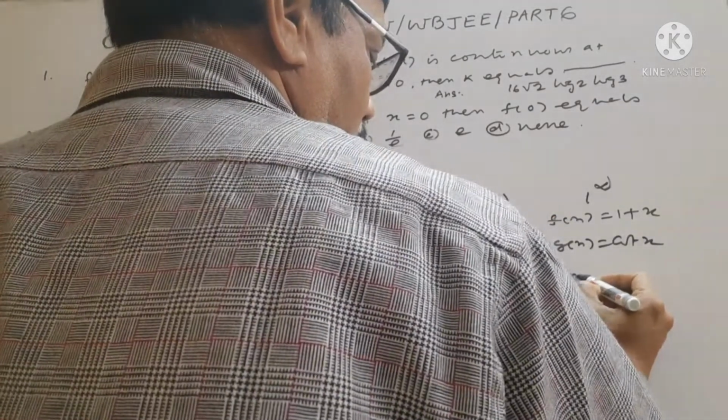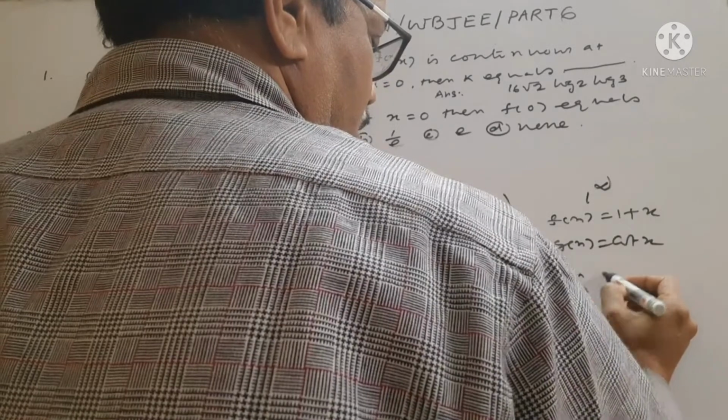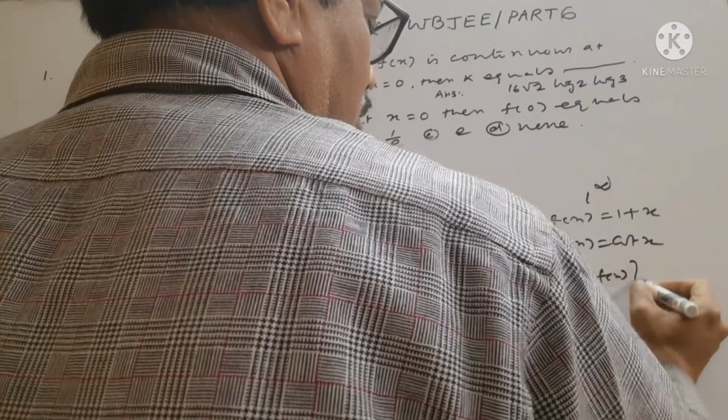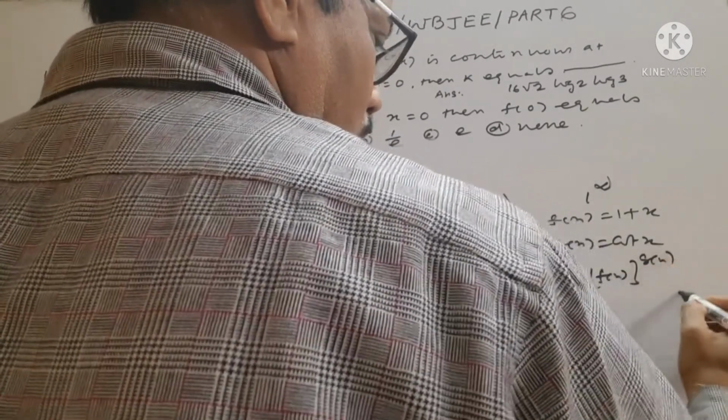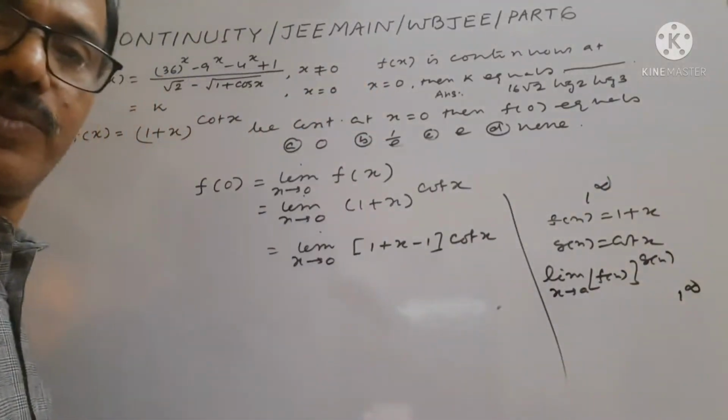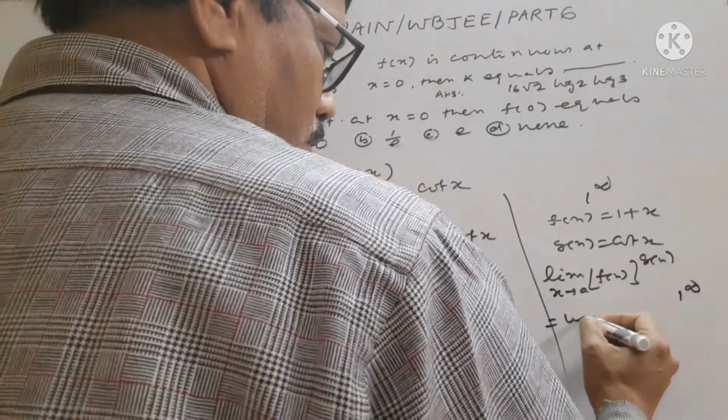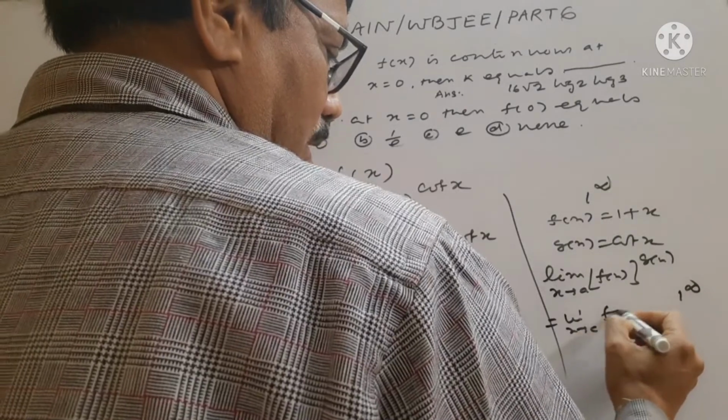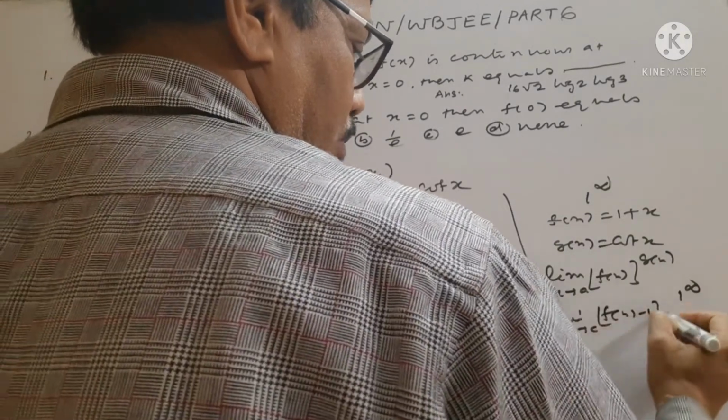So this is the result: limit x tends to a of f(x) to the power g(x), if it is 1 to the power infinity, equals e to the power limit x tends to a of (f(x) minus 1) into g(x).